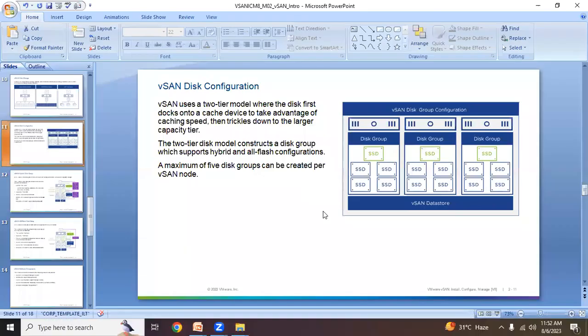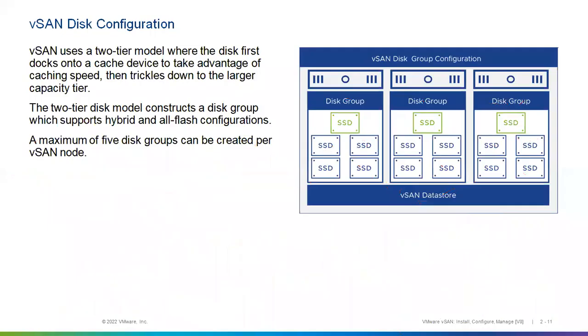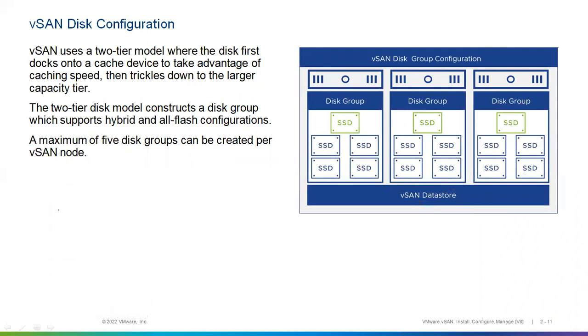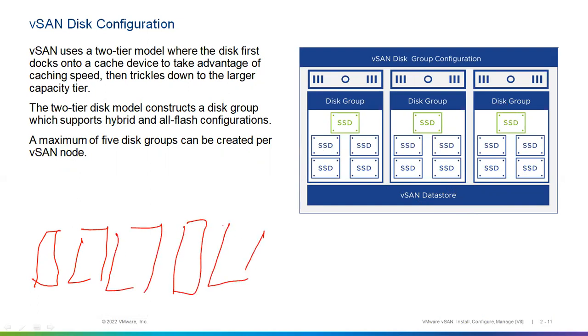But again, this should be homogeneous. When I say homogeneous, it means the configuration should be equivalent on each host. For example, if I go to the maximums, from each host there could be 5 disk groups, and in each disk group there would be 1 cache and 7 capacity.